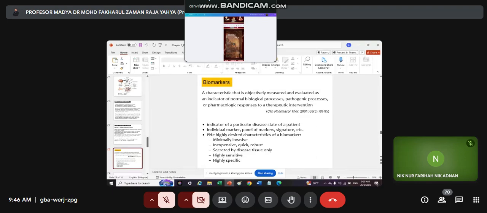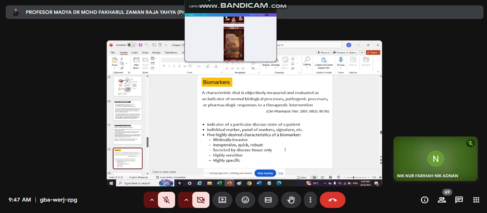So as shown here, at least we have 5 characteristics of biomarker. For example, they are minimally invasive, inexpensive. I mean, we can use a simple method to detect the biomarkers in any biological samples like serum and other body fluids secreted by disease tissue only.